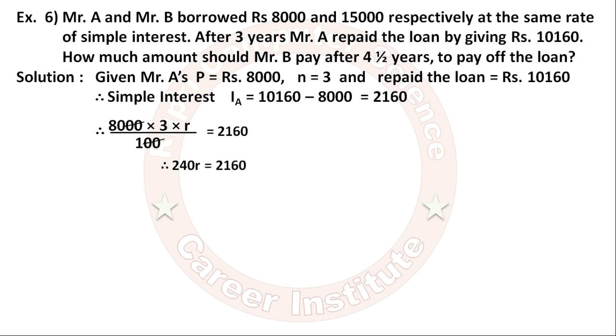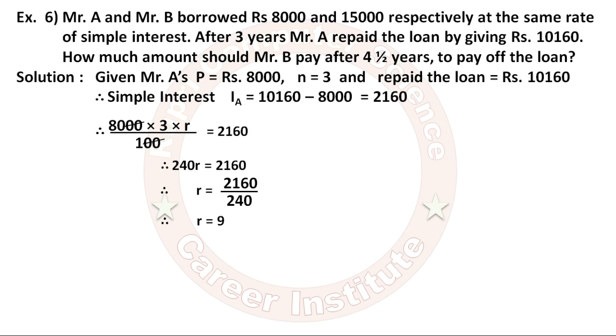Therefore, R is equal to 2,160 divided by 240. Now 0 and 0 are also gone, and what is left is R is equal to 9. Therefore, the rate of interest is 9.